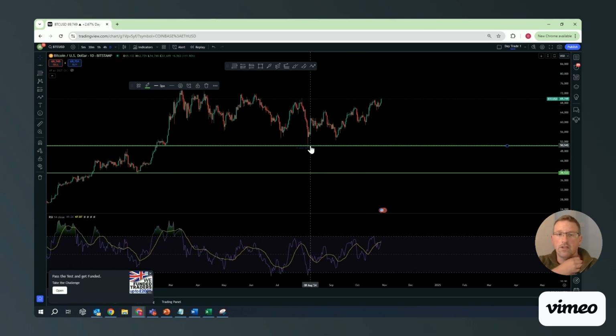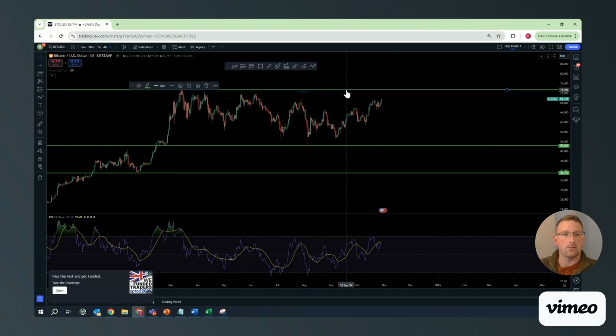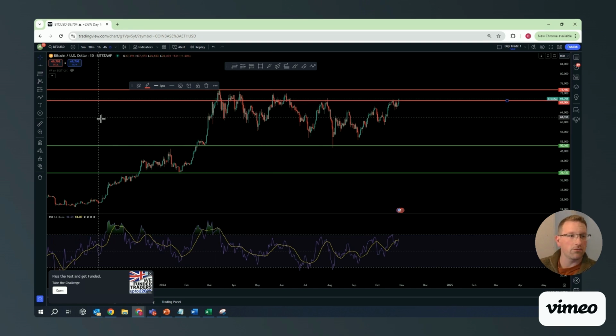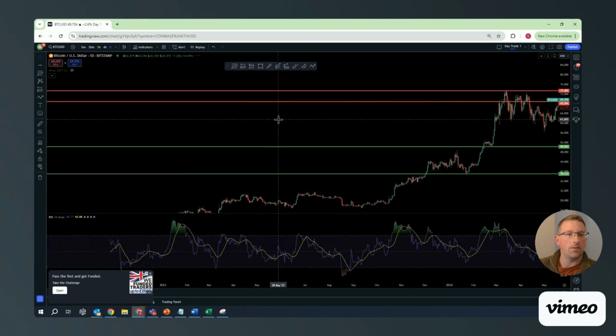So I would say that's a pretty good support line, and that's where price kind of paused before we had another big move off. So those are two support lines. Where would the resistance lines be? Well, here. Maybe here.